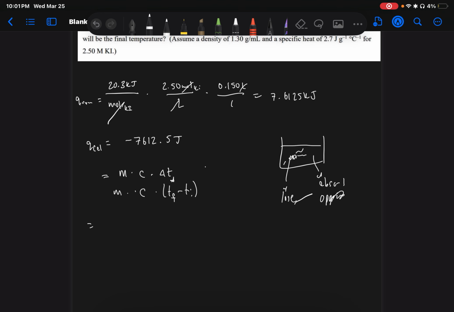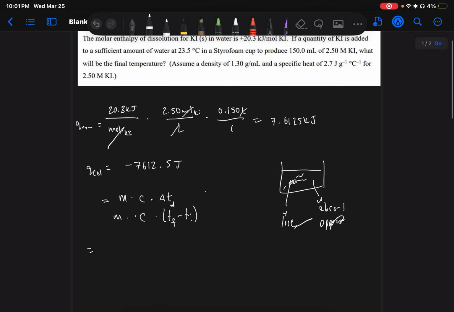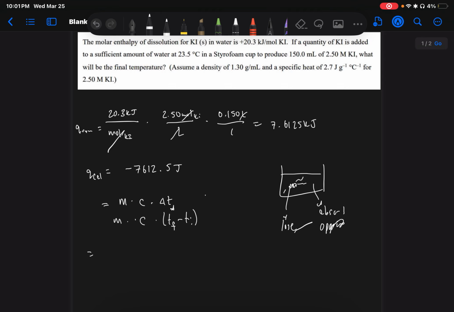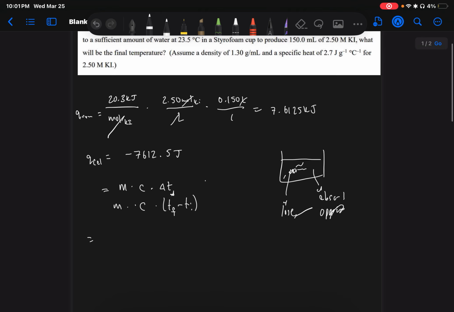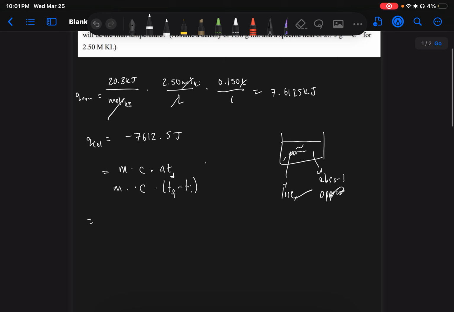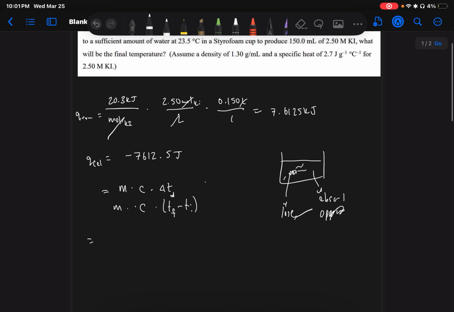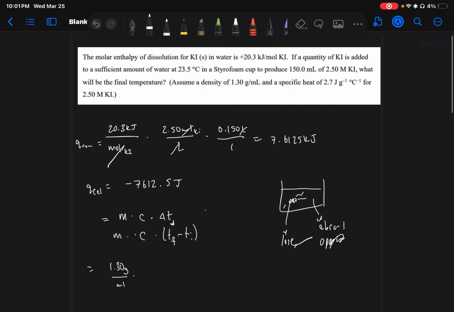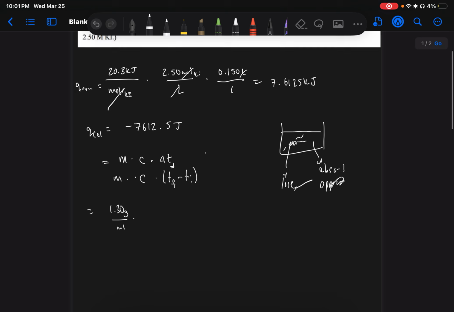So what's the mass? The density is 1.30 grams per mL. Okay, so we need grams. 1.30 grams per mL multiplied by how many mL? 150 mL.